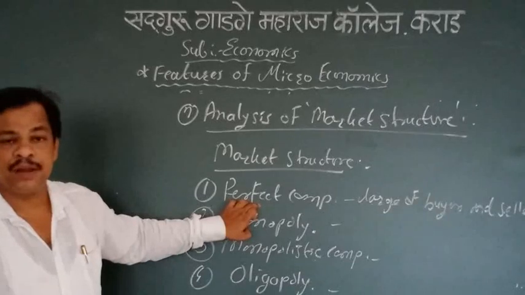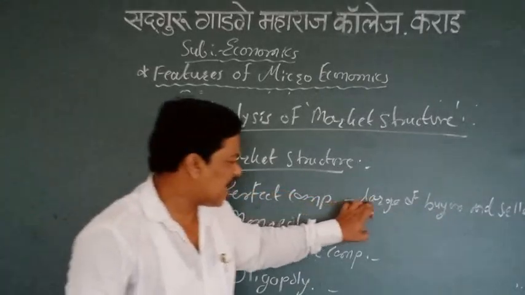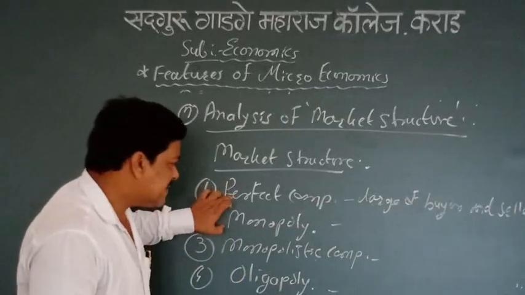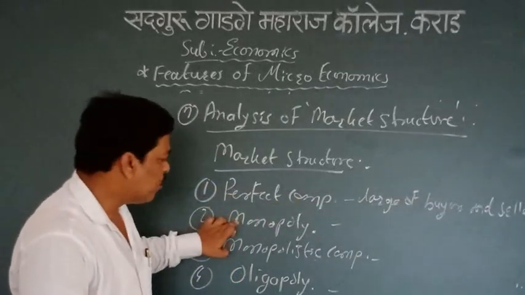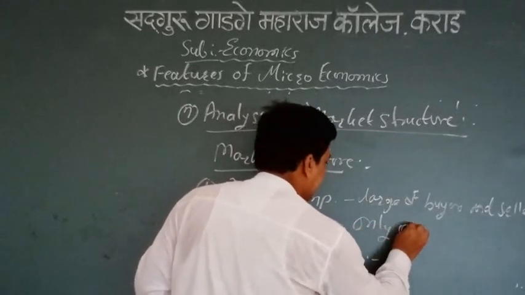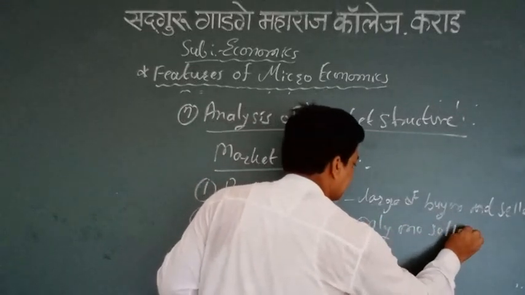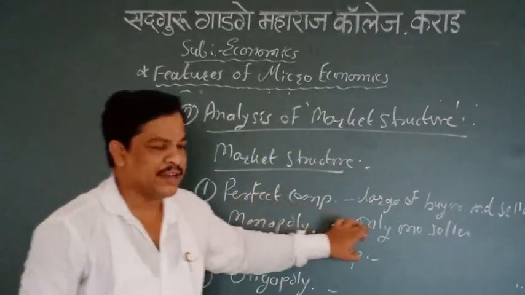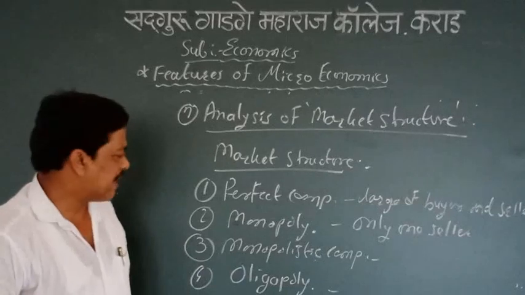Exactly opposite is monopoly. In monopoly, there is only one seller available in the market. So he is a price maker in that market.